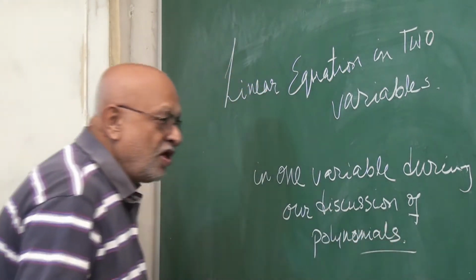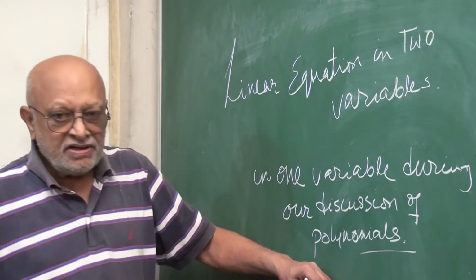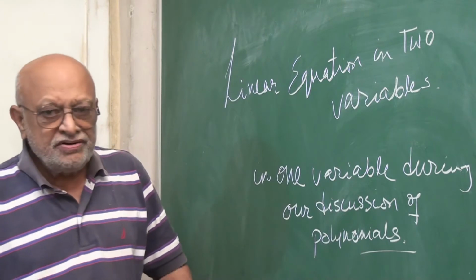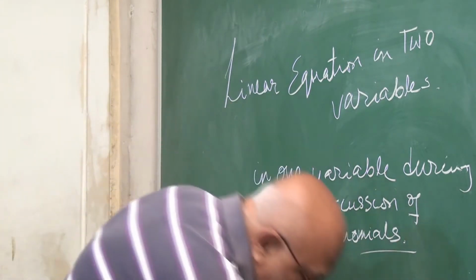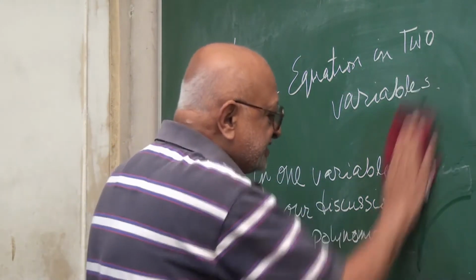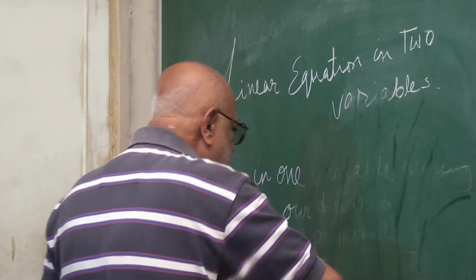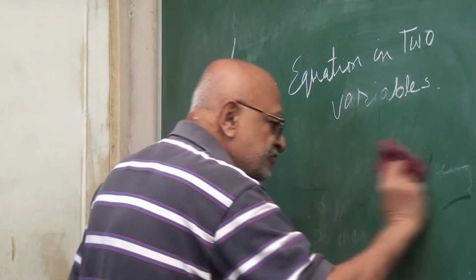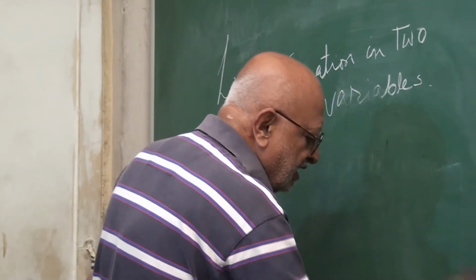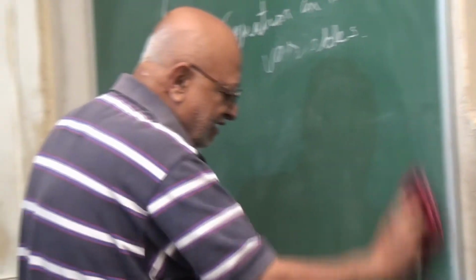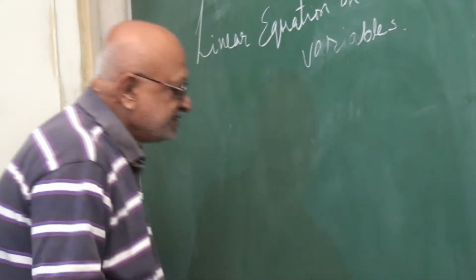You may refer to our videos on polynomials, where we discussed a single variable. What did we discuss in those cases? We discussed only one variable, that is x. We have taken x as a variable. You can take any other lowercase alphabets, as we have discussed there.